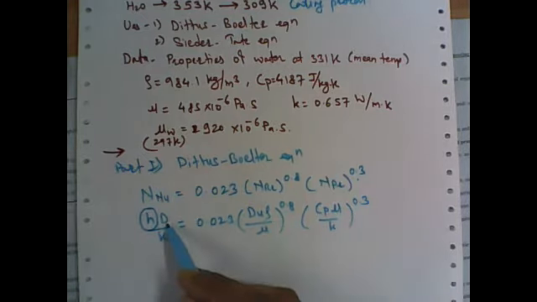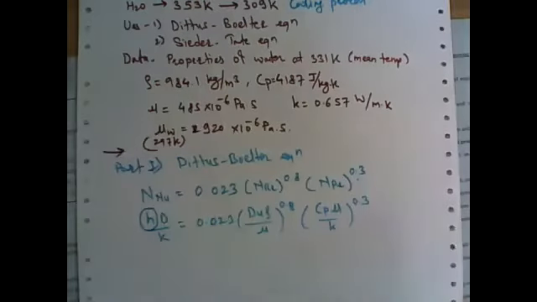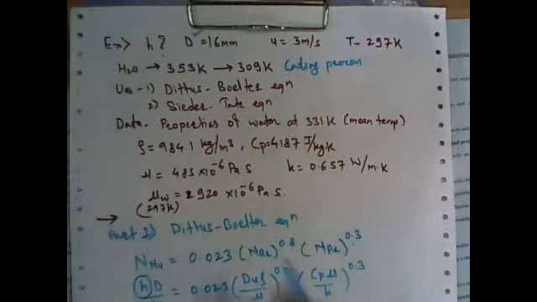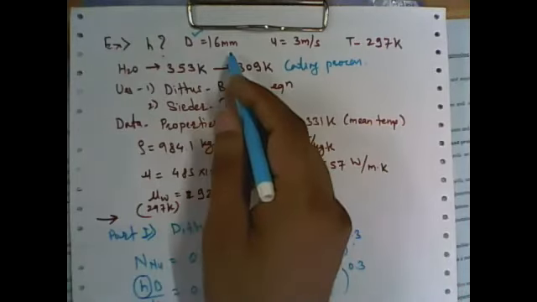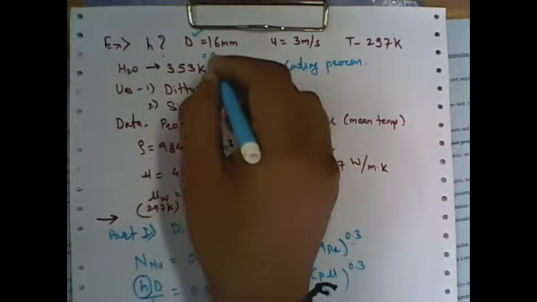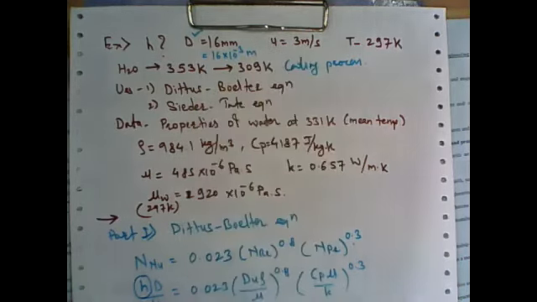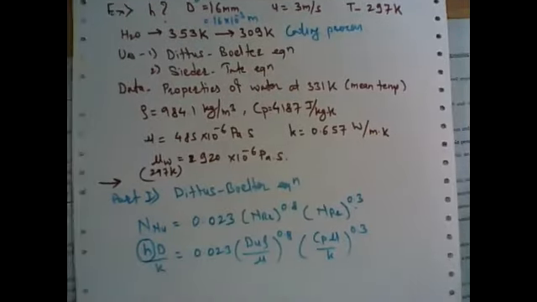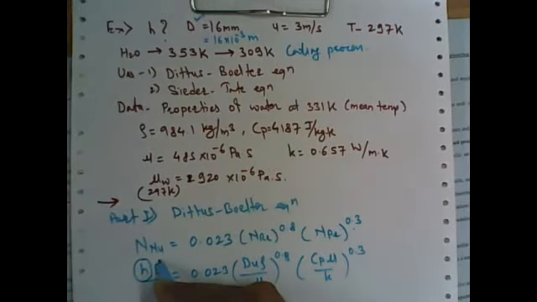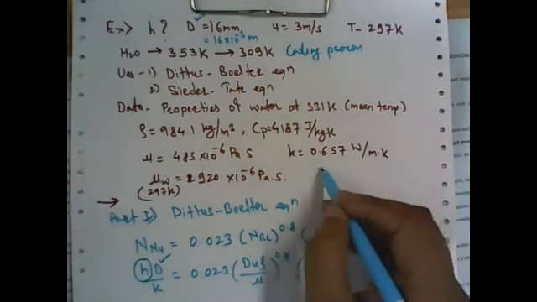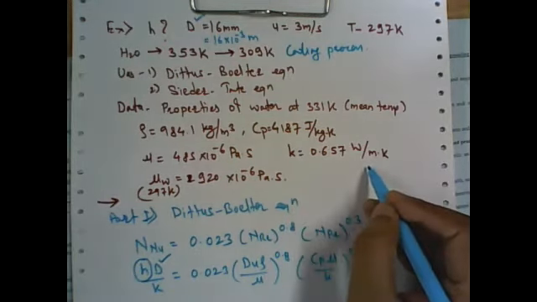Here diameter is given, right? In this example, diameter is given, but it is 16 mm, so it should be converted into meter: 16 into 10 raised to minus 3 meter. So we know the D. Then small k, thermal conductivity, here 0.657 watt per meter Kelvin.